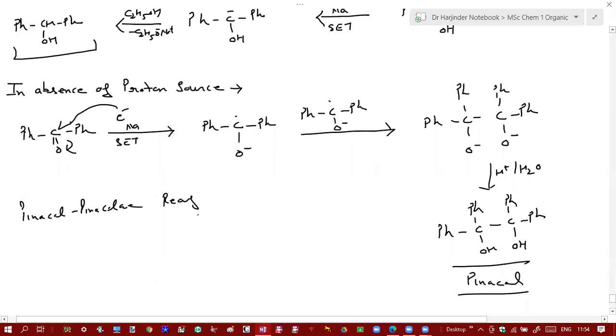This reaction takes place in the absence of a proton source. So when you carry out metal dissolving reduction of a carbonyl compound in the presence of a proton source, your product is an alcohol, and in the absence of a proton source, your product is pinacol, a 1,2-dihydroxy compound. Is it clear?